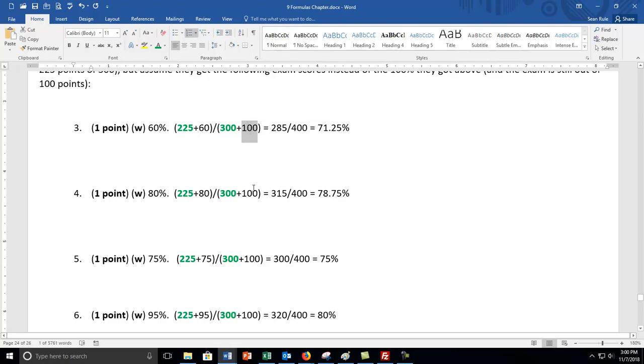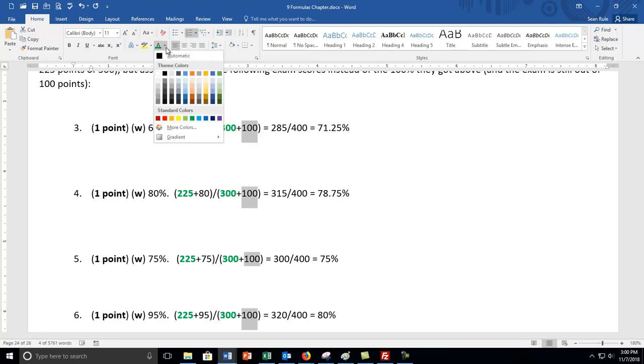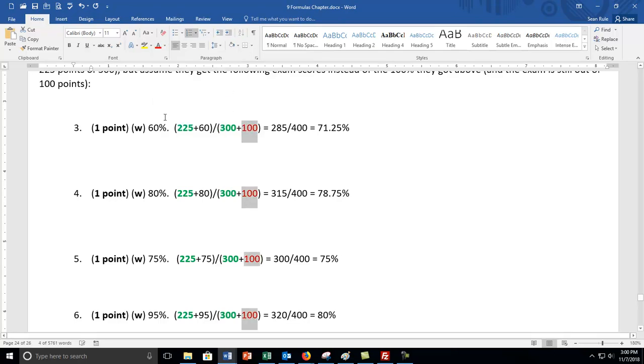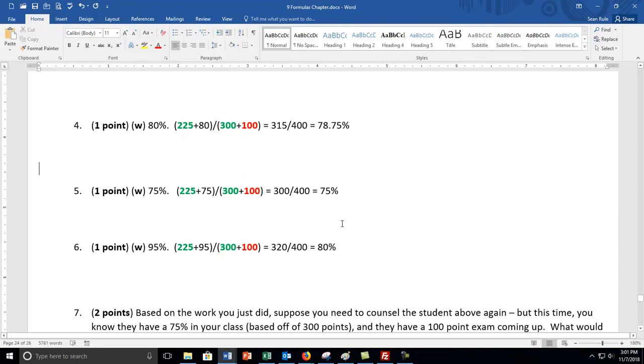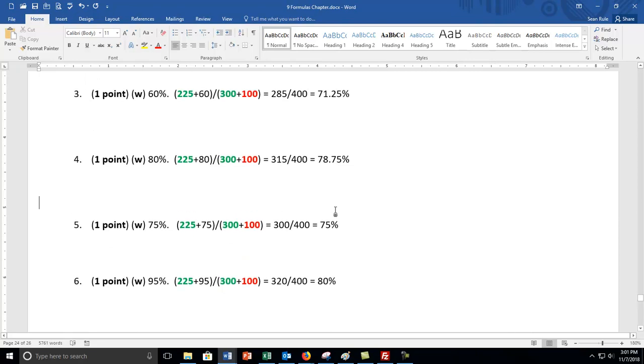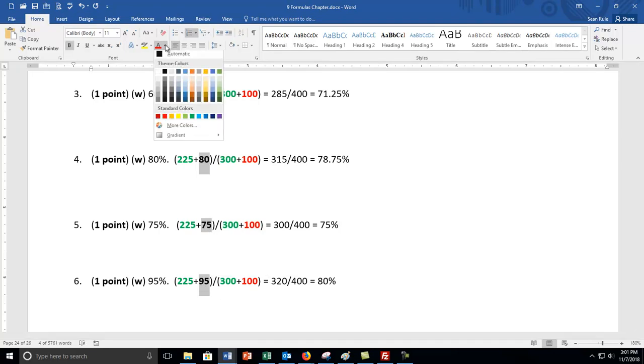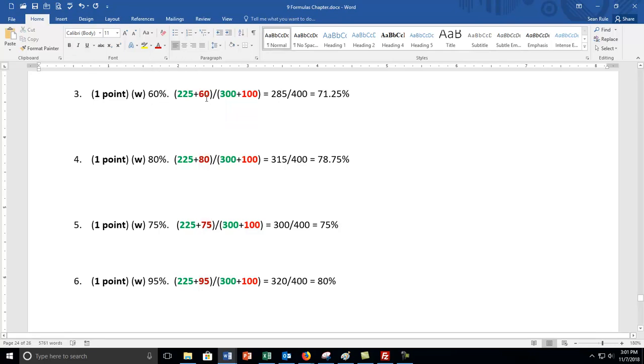These hundreds that all appear to be the same, they kind of are, but I'm going to make those red and bold because those are the total 100-point exam points in the future that you haven't taken yet, the ones you're planning for. And these last numbers are the real fun ones. These are the ones students have control over to some degree. I'm going to color them red, but not quite the same color, because those are the points you can earn out of the 100 available.